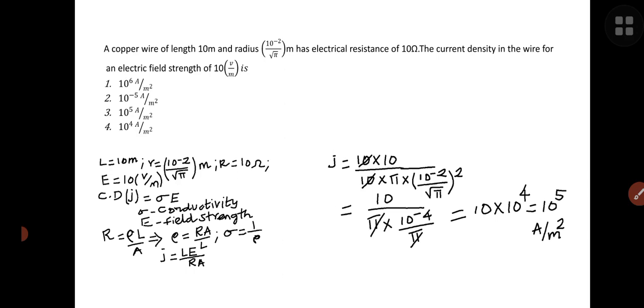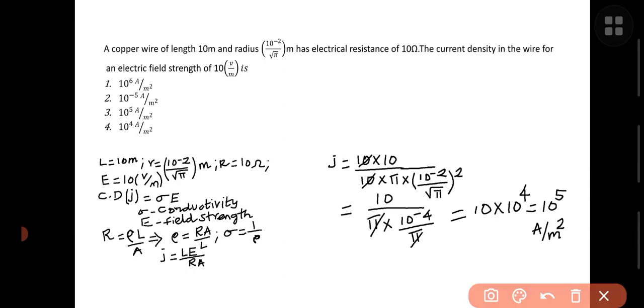R equals rho L by A. This is the formula we know. From this, rho is found as R A divided by L. Here, the conductivity is inversely proportional to the resistivity.